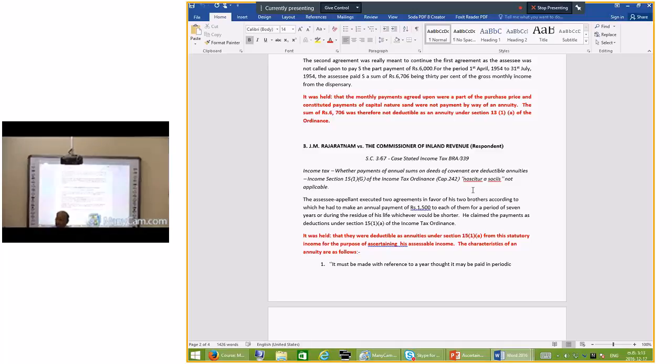His own brothers. In big families, when the parents died, they told the elder, you have to look after your brothers. For that purpose, his relations said, come to an agreement with your two brothers.